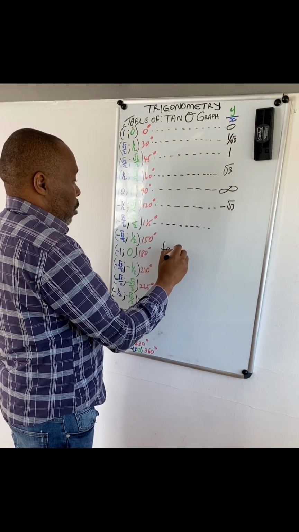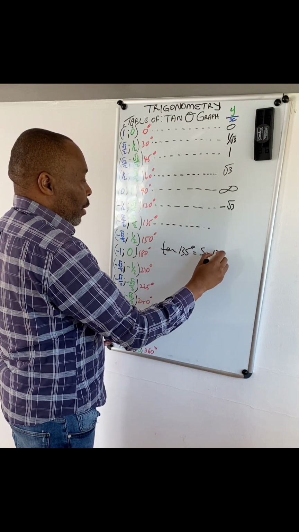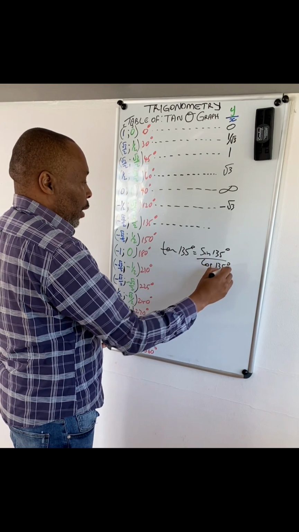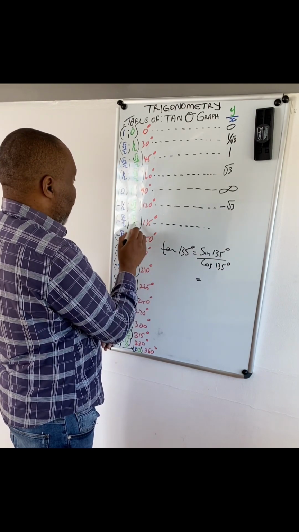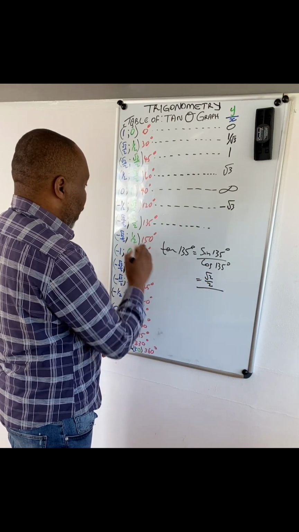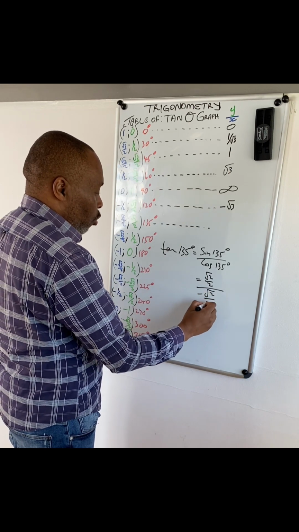Tangent 135 degrees is equal to sine 135 degrees over cos of 135 degrees. Sine 135 is root 2 over 2, divided by cos of 135, which is negative root 2 over 2.